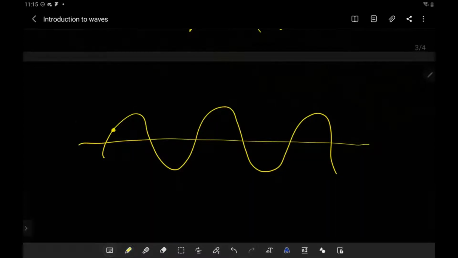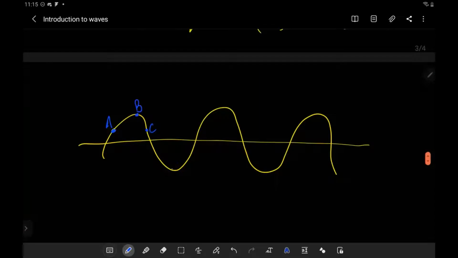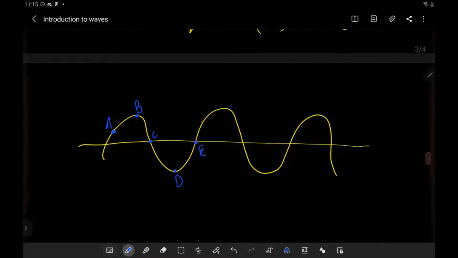This is my point A, this is my point B, this is my point C, a point D, a point E, F, and so on. We will come back and see which points are in phase and out of phase when we define what a wavelength is.